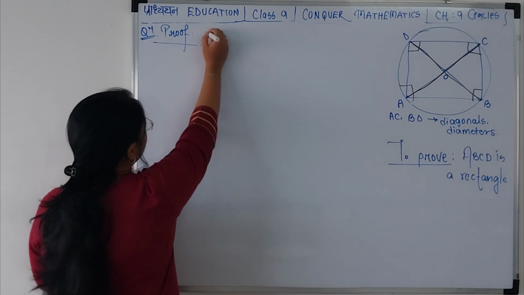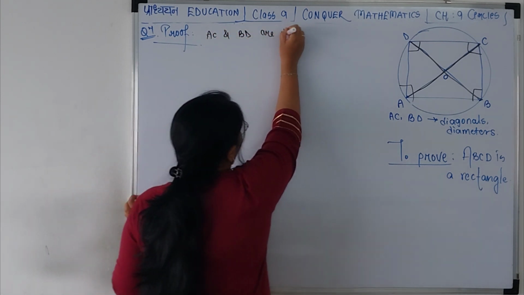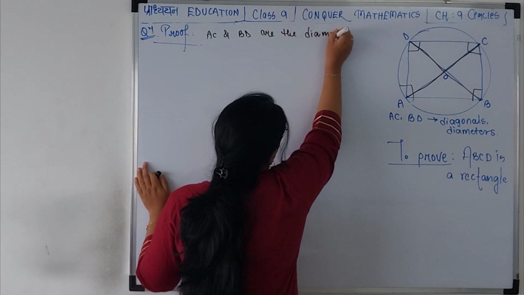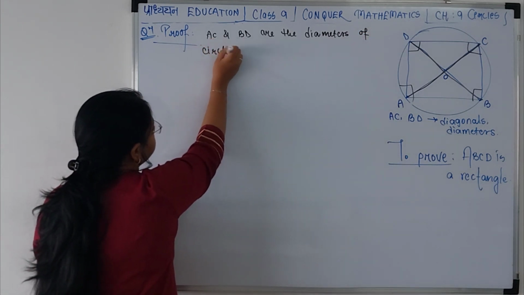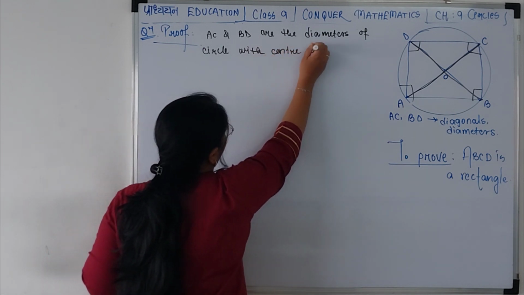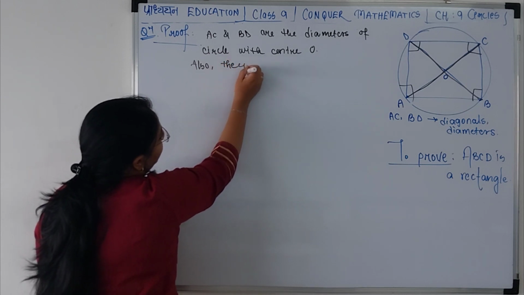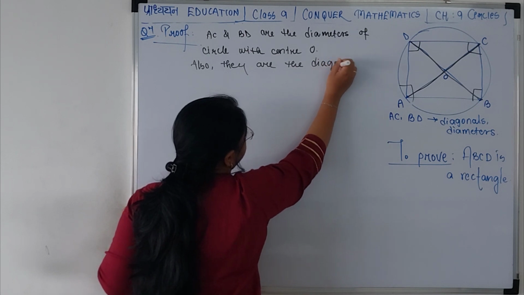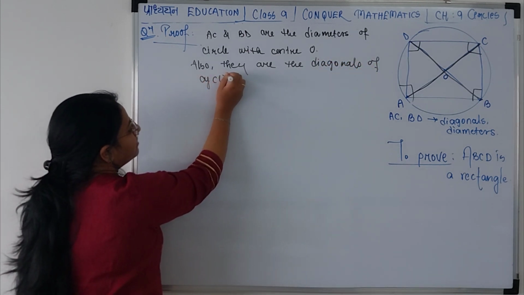AC and BD are the diameters of circle with center O. Also, they are the diagonals of cyclic quadrilateral ABCD.